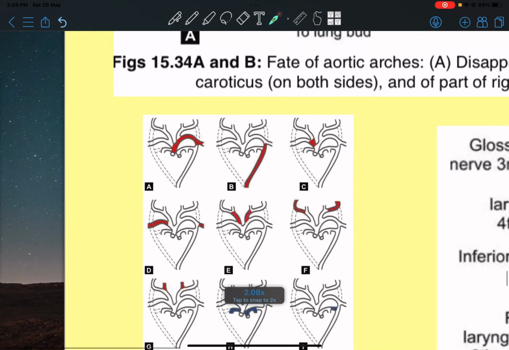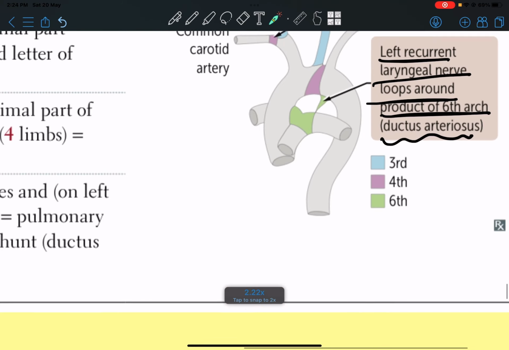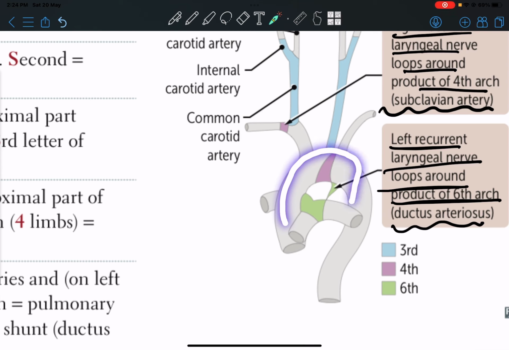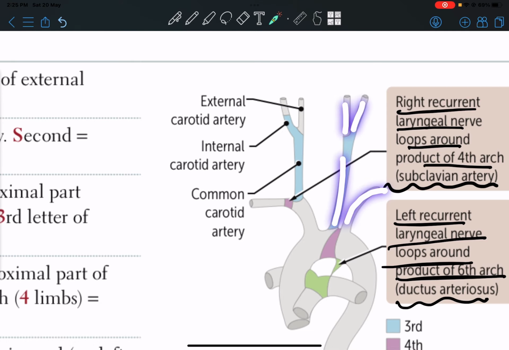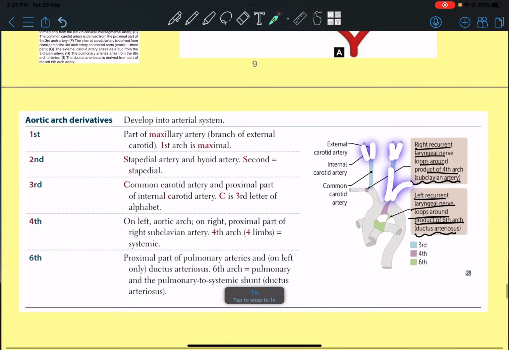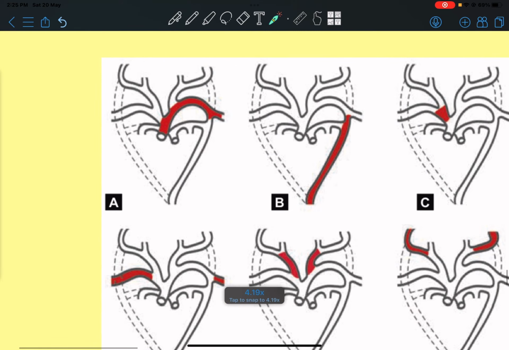Okay, before that, let's just see the adult structure once. This is how it's supposed to look like. The aortic arch, the descending aorta, the brachiocephalic trunk, the right subclavian, right common carotid, left subclavian, left common carotid, and the internal and external carotid arteries, right? So arch of aorta is formed by the aortic sac, the left horn of the aortic sac, and the left fourth arch artery.